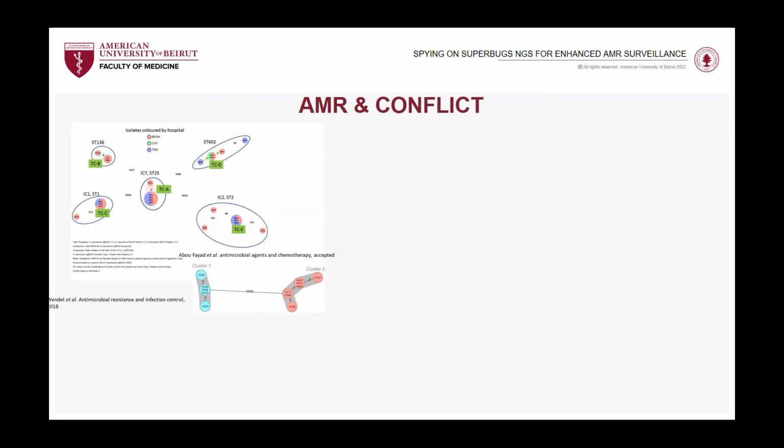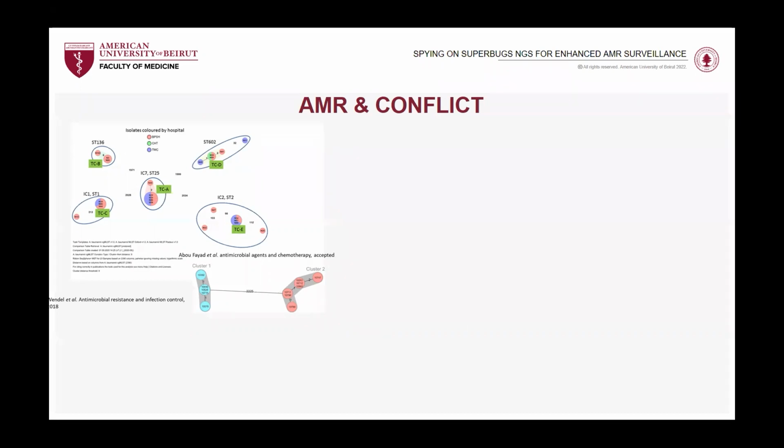If you look at the figure on the lower end here, these are 2 clusters of Acinetobacter baumannii isolated from 2 different hospitals. Look how they cluster separately from each other. This hospital has this pathogen, and this hospital has this pathogen, and this is how you can track where a patient is coming from.